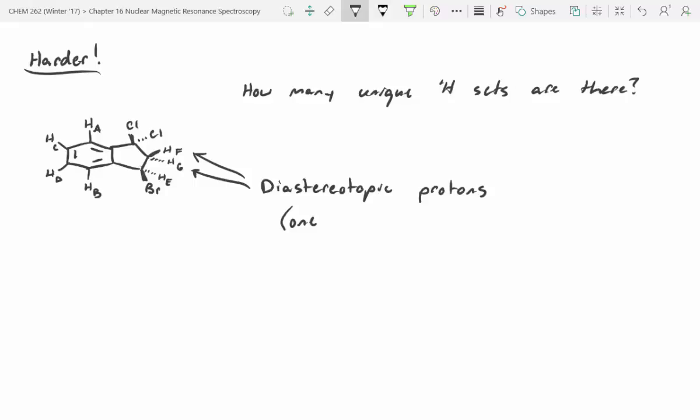Sounds good. So one we said is cis to the bromine and one is trans. That means they're in a different chemical environment. So if we add up the number of unique protons we have 1, 2, 3, 4, 5, 6, 7 unique sets.